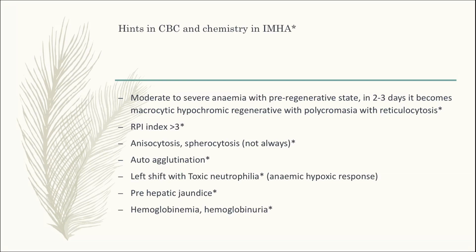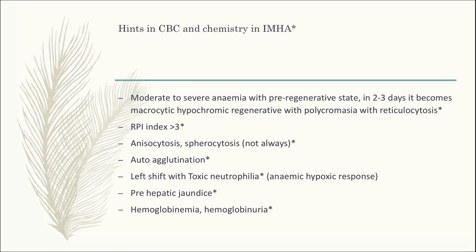It accelerates the release of immature erythrocytes into circulation, and also it accelerates the maturation of erythroblasts to erythrocytes. These are the two mechanisms involved. So the whole process takes some time. That state is called as pre-regenerative state, where in CBC and peripheral smear you won't see any signs or any clues regarding regeneration.